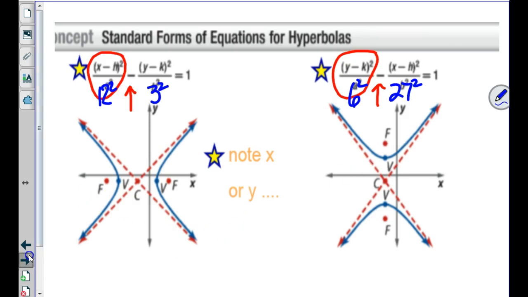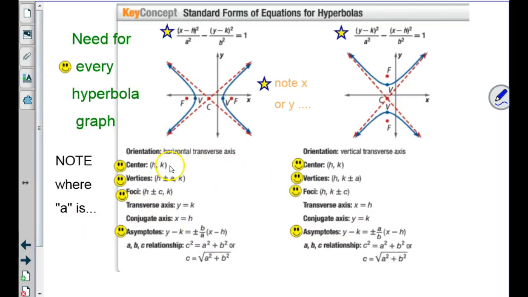All right, so here's all the recipes. They're down here, and we are not going to use these ones, transverse and conjugate. But you are going to have to write the asymptotes, and you can leave them in this form. I'm not going to make you do anything with it. We're just going to plug in H, K, B, and A, and then leave them like that.